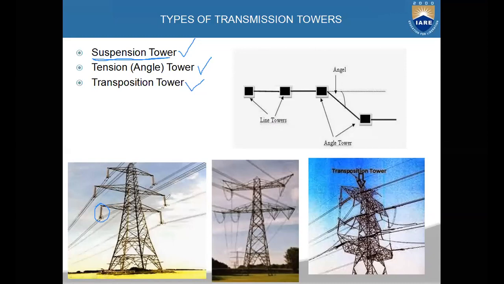By observing the tower itself, we can say whether it is a suspension tower or tension tower. If it is a tension tower or angle tower, you will have your insulators at some angle with the horizontal. The insulator will be placed horizontally with some inclination. The angle may vary from 0 to 30 degrees.